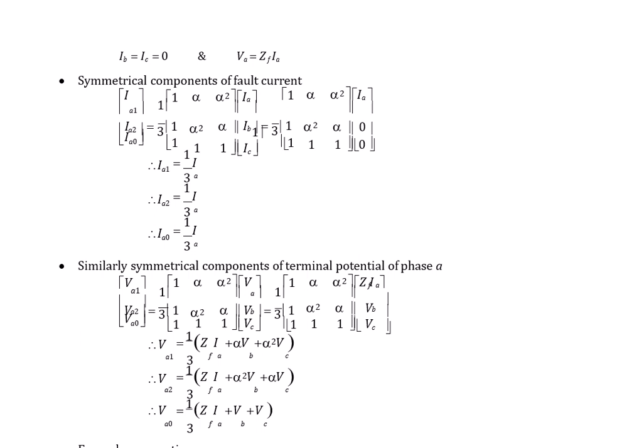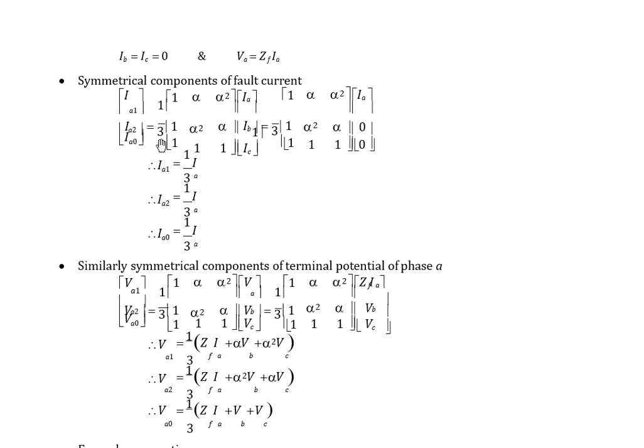How can we solve the matrix? This first row is multiplied with this column. Multiply this with this, and if you want to get Ia1, then Ia1 is equal to the multiplication of this and this. There are 0s, so those multiplications will be 0, but only one multiplication exists, which is Ia, and 1 upon 3 is always there, so 1 upon 3 into Ia.